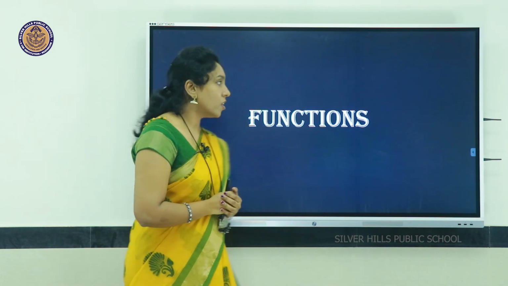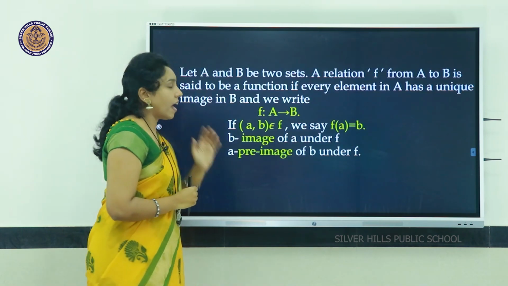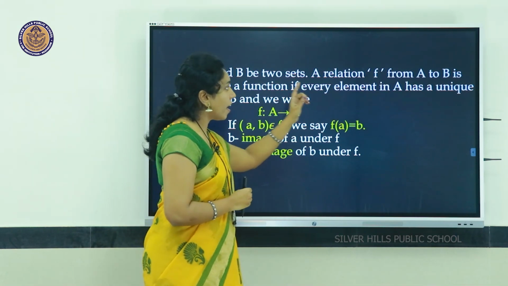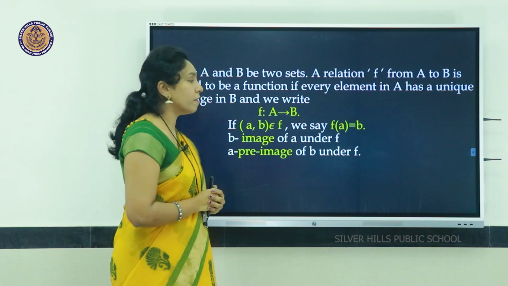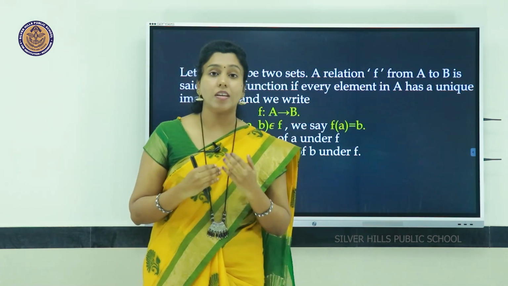Let's see that. So, here is the definition of a function. Let A and B be two sets. A relation f from A to B is said to be a function if it satisfies certain conditions. So, what are the conditions?